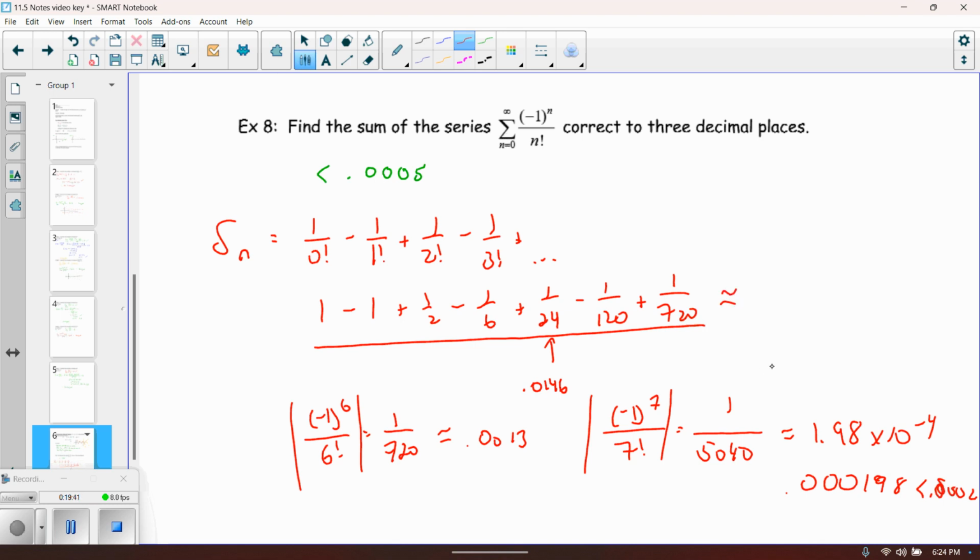If I plug all that stuff in the calculator, it gives us 0.368055. And that right there is a sum which is accurate to 3 decimals, because every term after that, as you can tell by this 7th term right here, is not going to affect this piece because of the fact that it's less than 0.0005. It won't affect that piece at all.